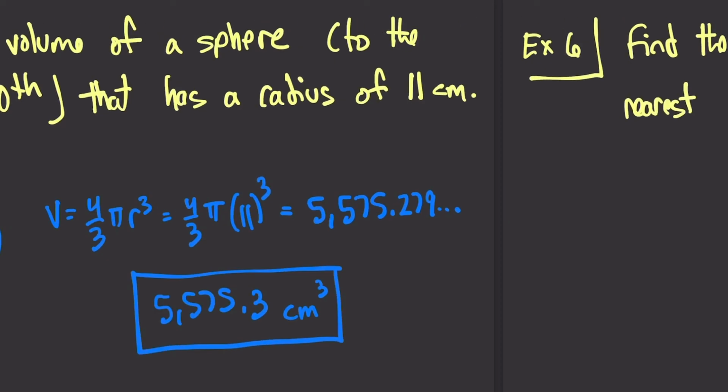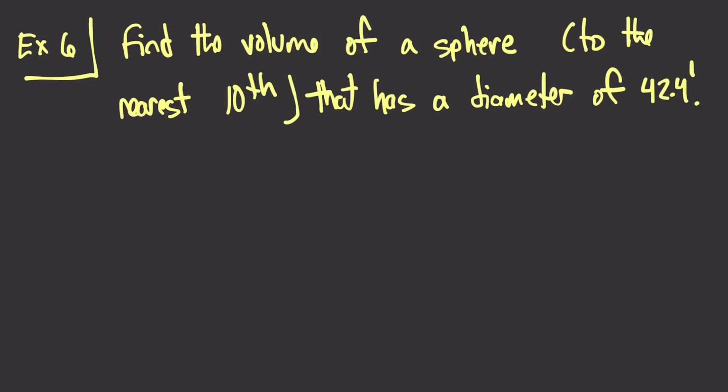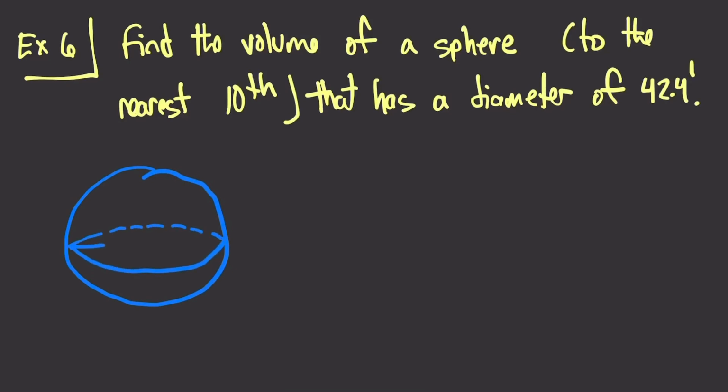And our last example, it's going to be another sphere, except this time I give you a diameter. So I'm going to make a sketch here. Here's my sphere, but I'm given the diameter is 42.4. So again, the diameter is not part of the volume formula, so what I'm going to do is find the radius by taking 42.4, dividing it by 2. I believe that's 21.2.